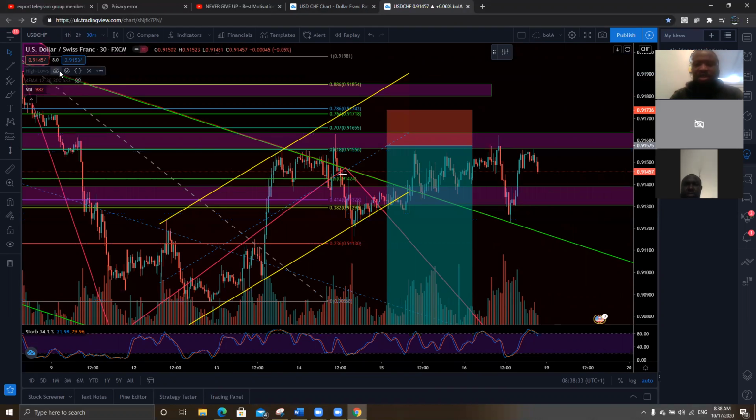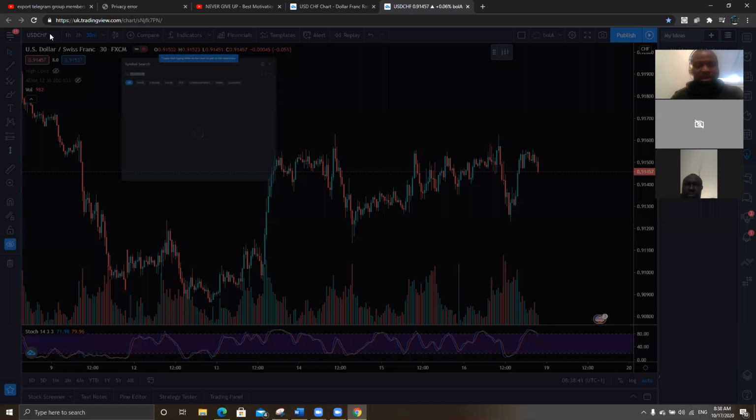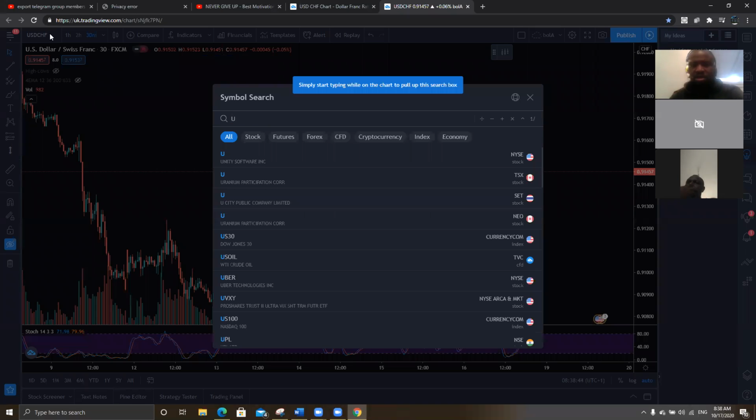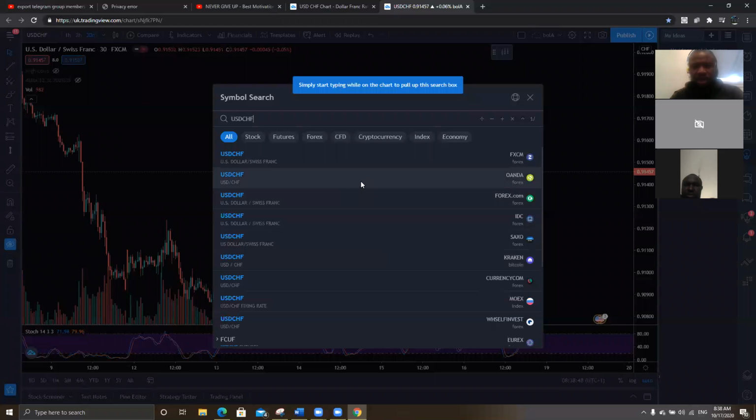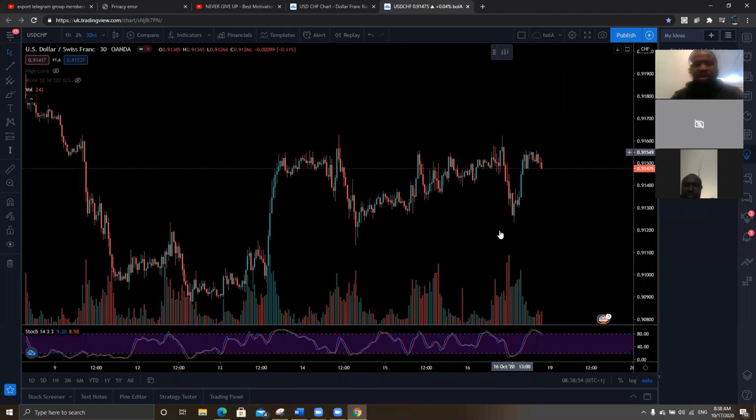All right, so my chart is a bit messy here. Obviously, but what I'm going to do is pull up another chart from a different broker. It's not going to be that messy, so that we can go through our thoughts of what we were seeing on this particular chart.